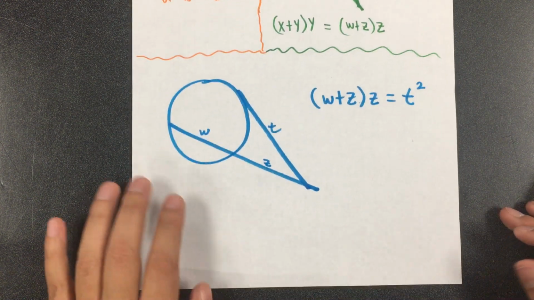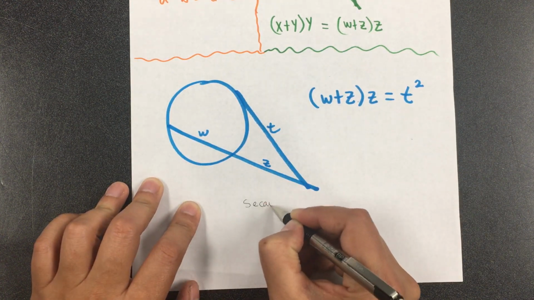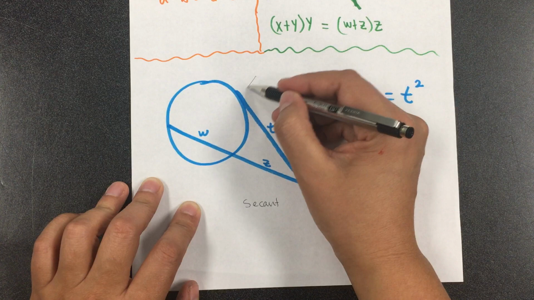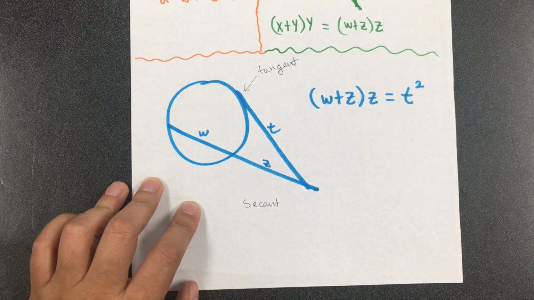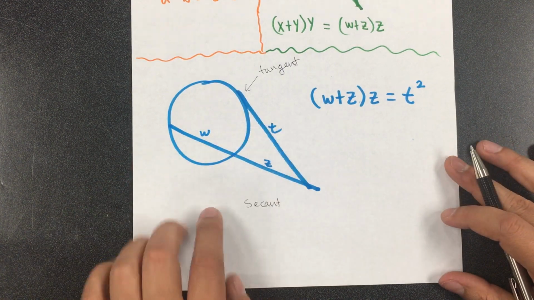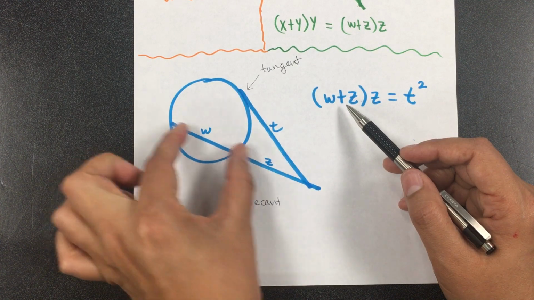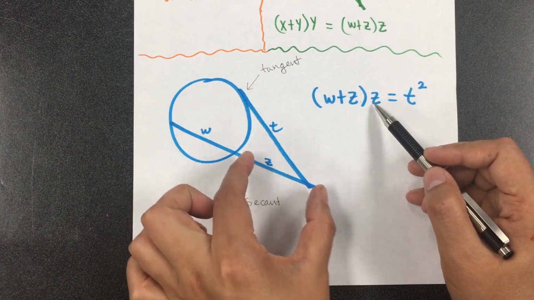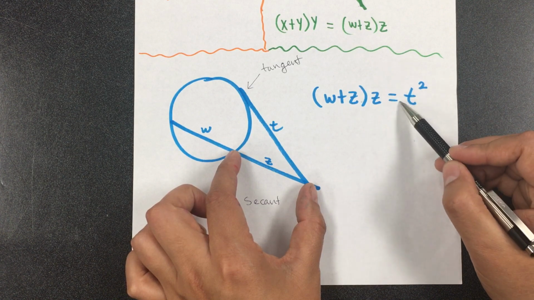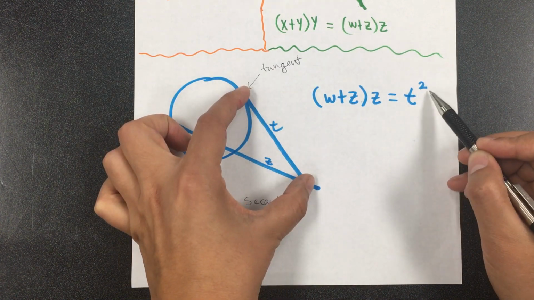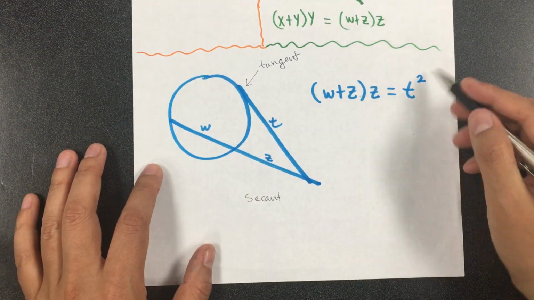In here we have a secant and we have a tangent line. So when we have something like that, for the secant you do the same thing. You add the two segments and multiply by the little piece outside, and that's going to be equal to the tangent squared. And somebody asked me, teacher, why is that? And I said, well, it's the same thing.